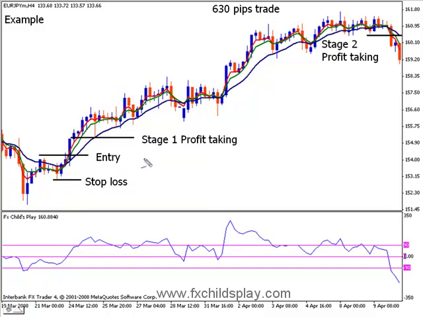So what is 50% of 120 pips? It is 60 pips. So as soon as we get the 60 pips, we will take initial profit. Here you can see we accomplished our 60 pips profits.